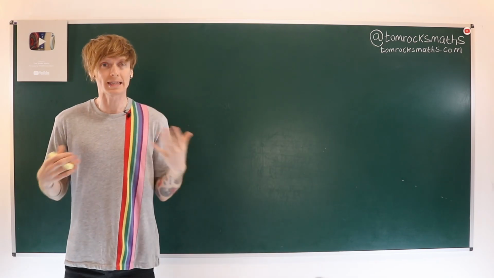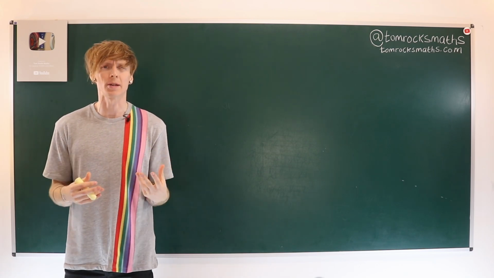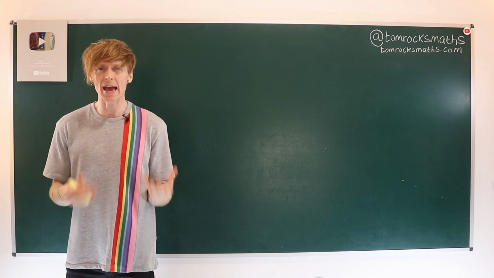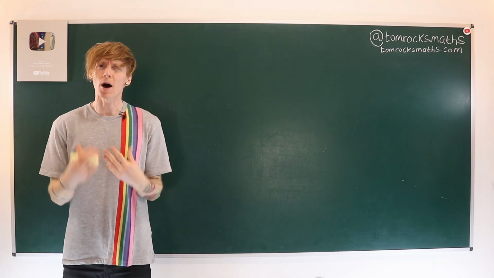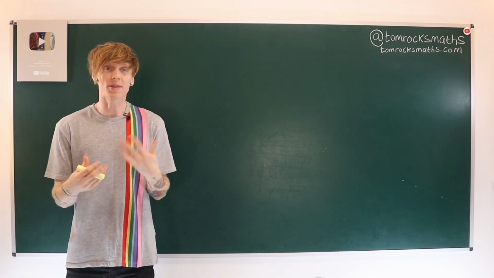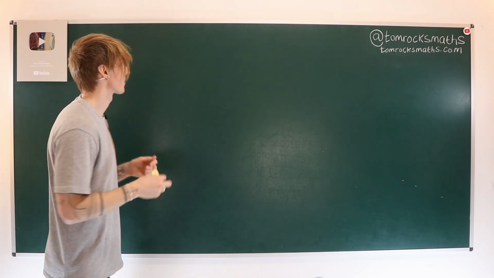So as a first example, let's consider the vector space of polynomials up to degree n. If we are to write out the most general possible element of this vector space, we might have something like the following.